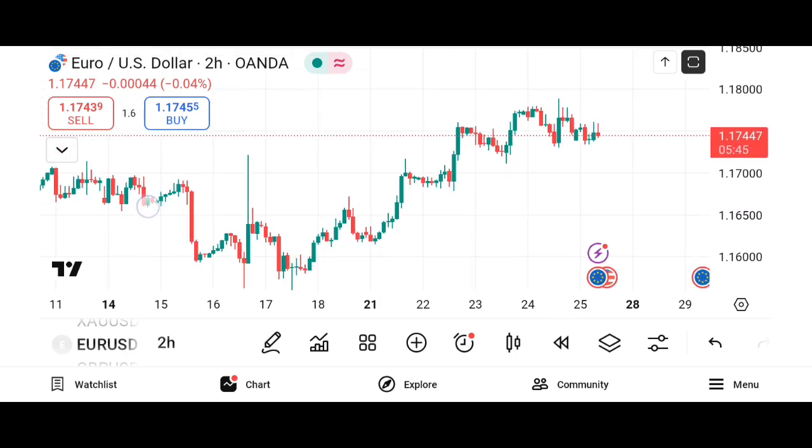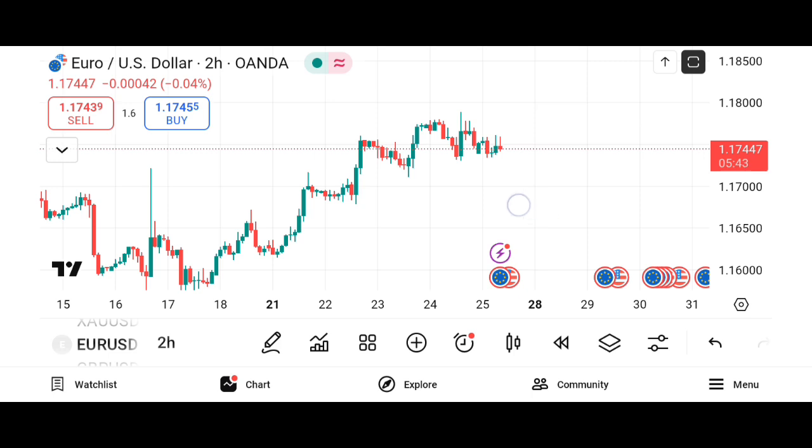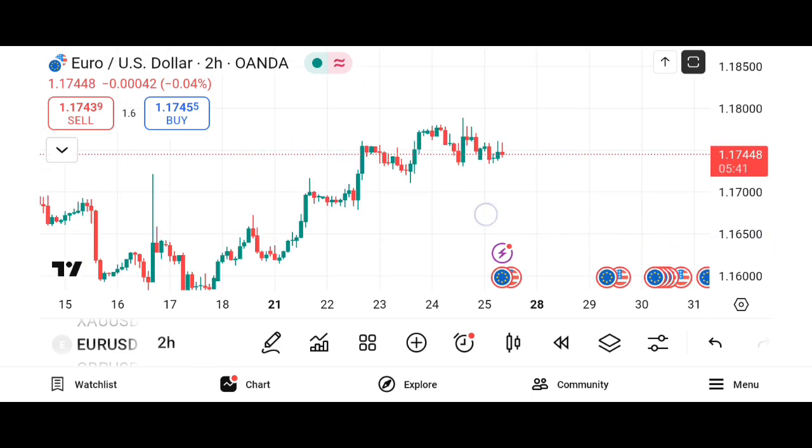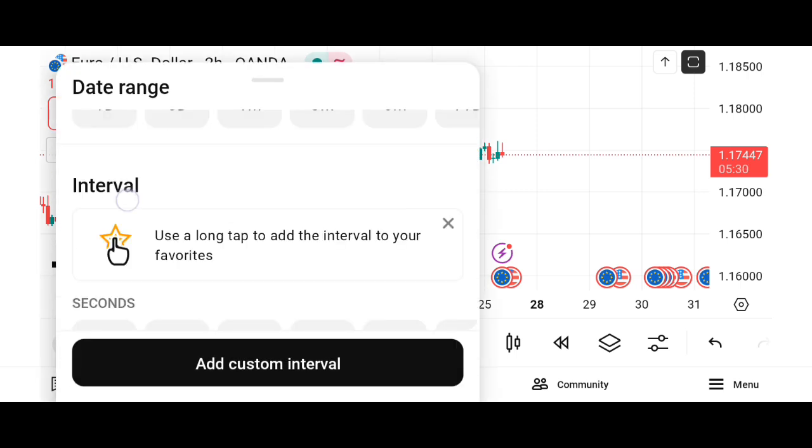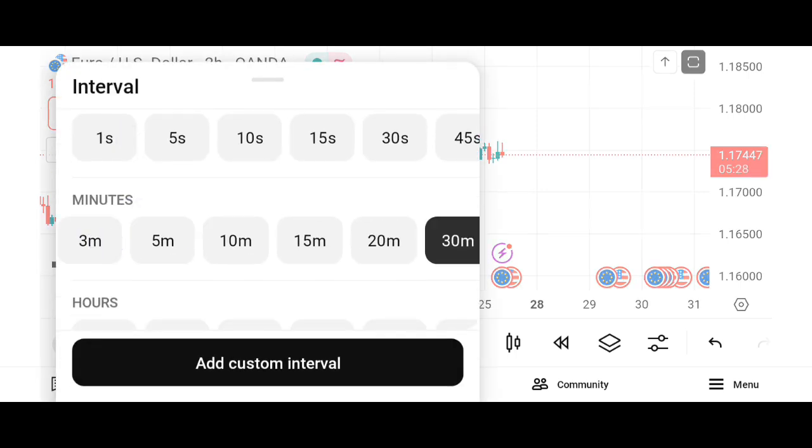So as you can see here, wick to wick is currently reversing. Let's go to a lower time frame so it will be clearer. Let's say 30 minutes.